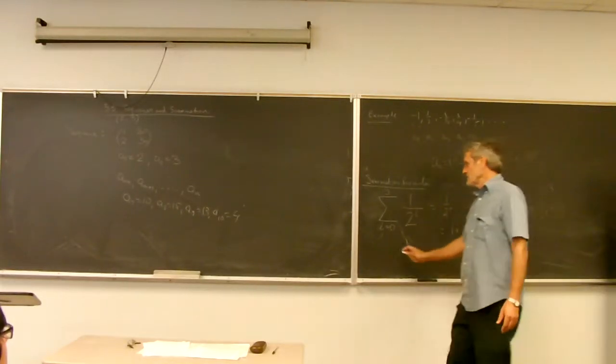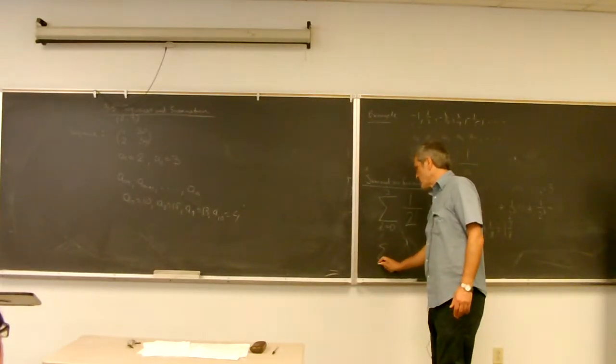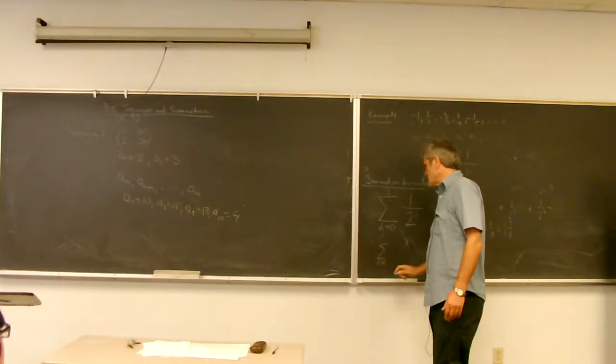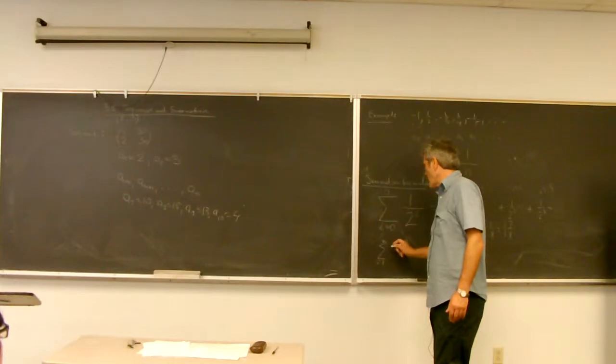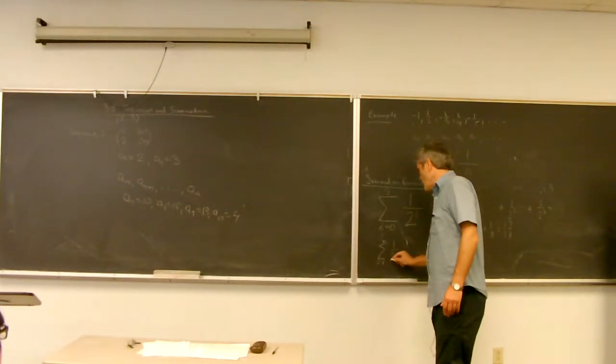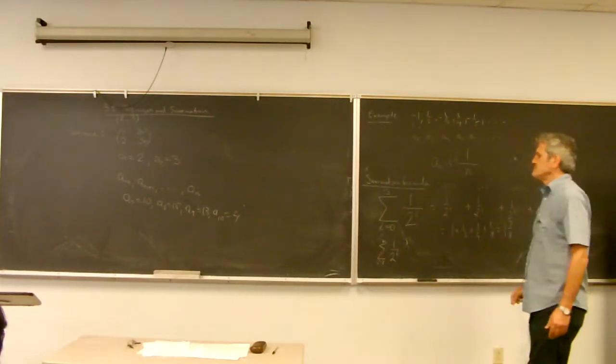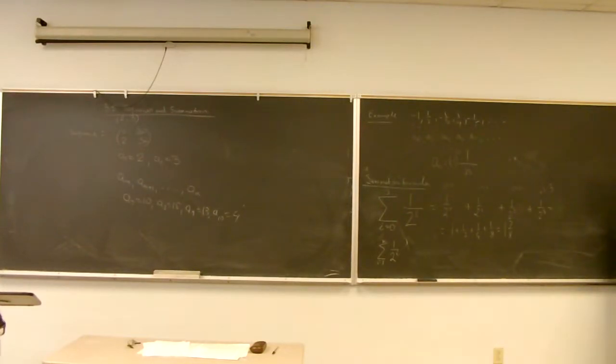But can we do the following? We'll talk about this more later on. Let me do this. Sum of i goes from 1 to m, 1 over 2 to the i. What happens here?